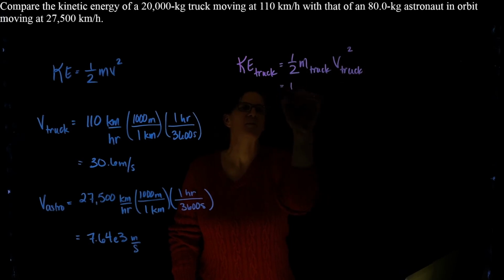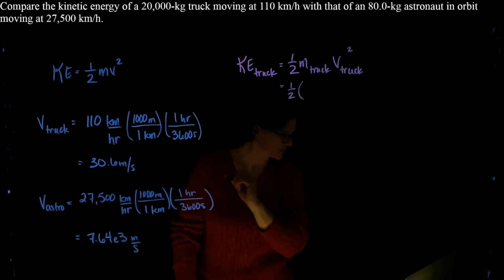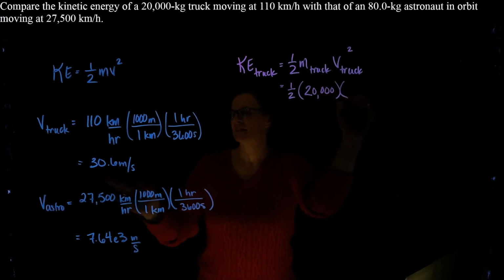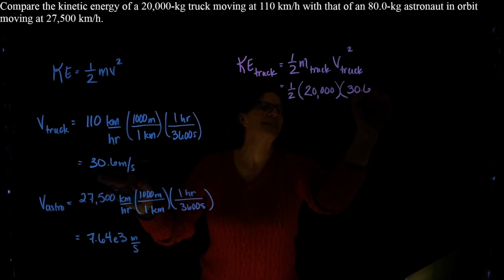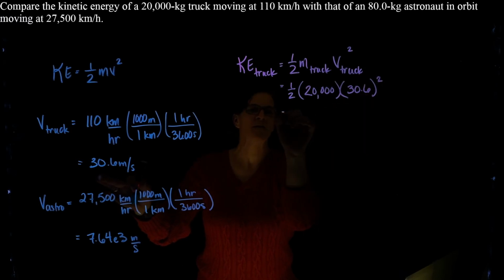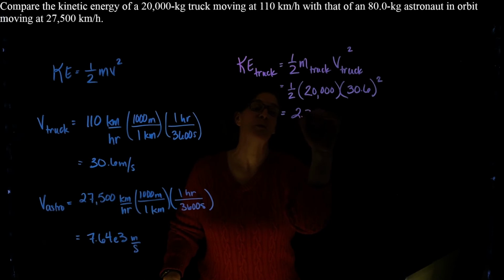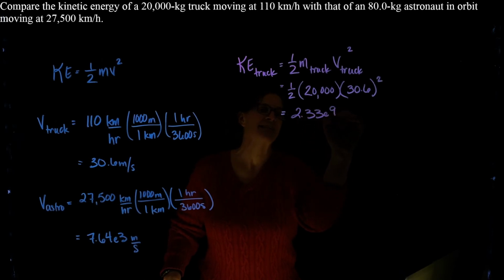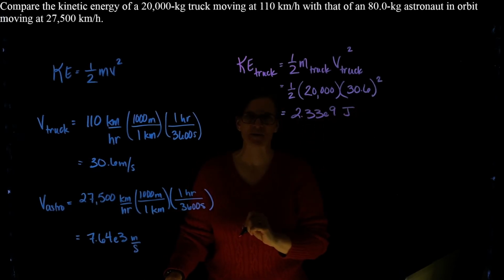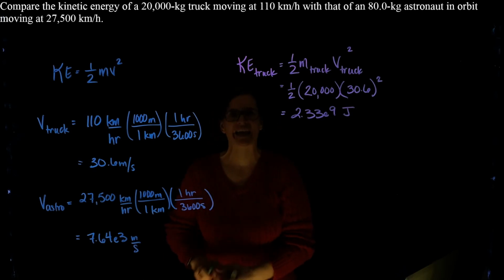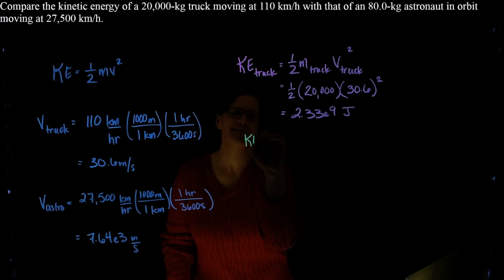And so we have 1/2 the mass, I believe was 20,000 kilograms, times the speed of 30.6 squared, and we find the kinetic energy of the truck as 2.33 times 10 to the 9th joules.